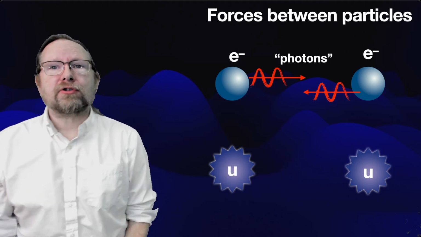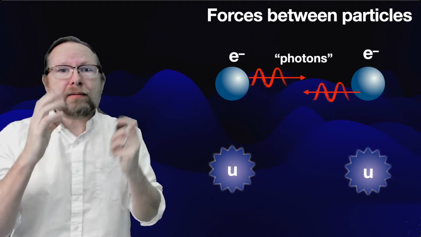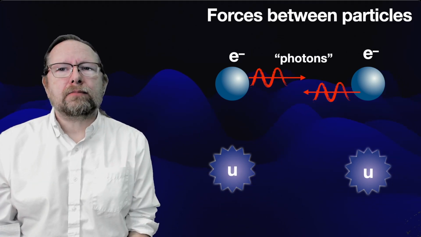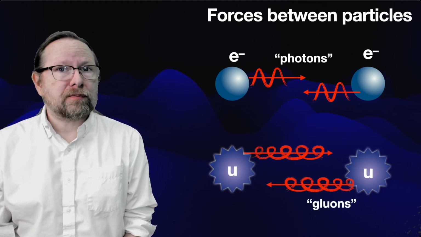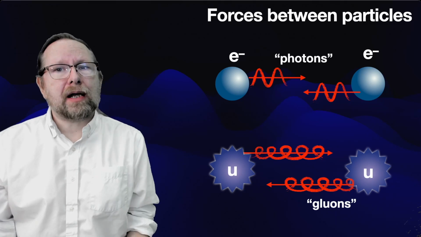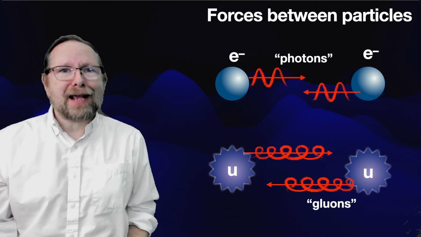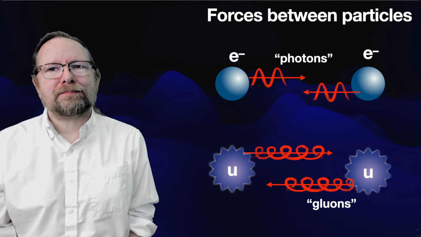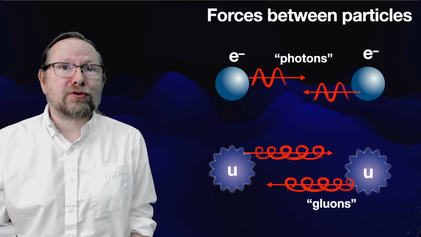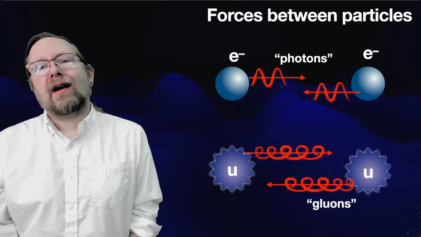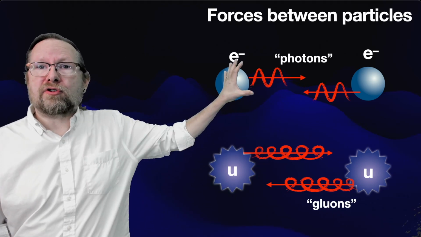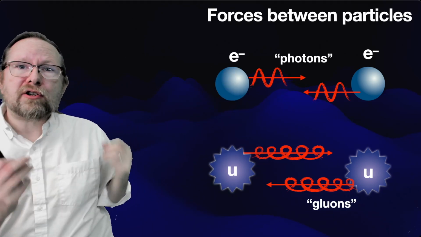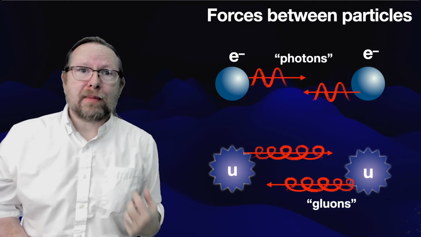Well, we need a force responsible for attracting 2 quarks together. And so we came up with a model for a force that pulls them together. And we came up with a name for the particles. Those particles are called gluons. Gluons are the particles that quarks exchange that creates the strong force, just like photons are the particles that charged particles exchange to create the electromagnetic force.